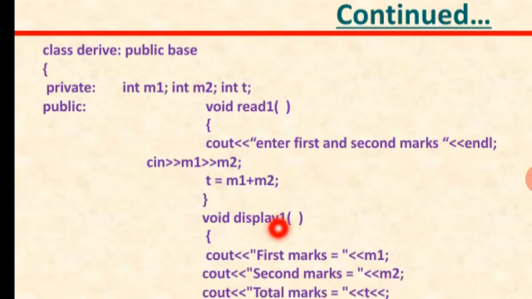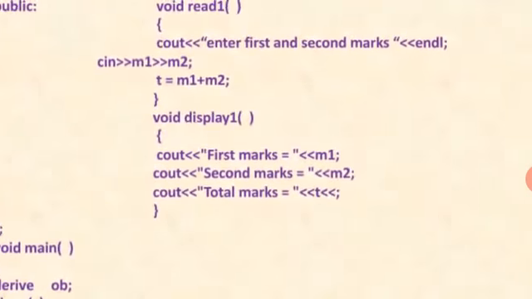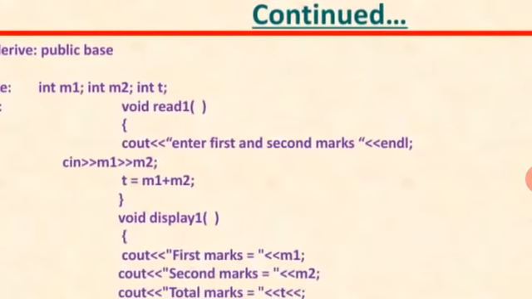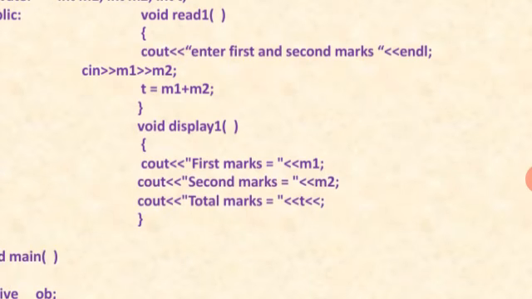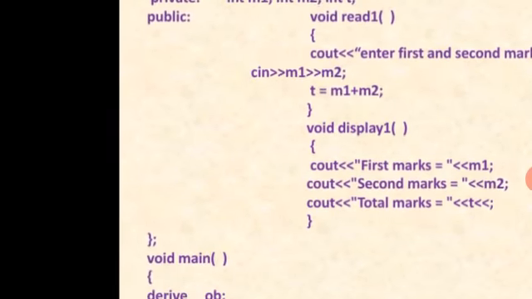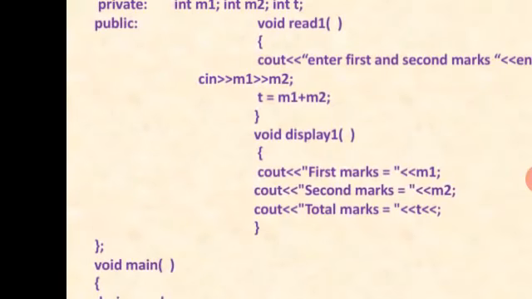Now comes the second function, display1. You can see display1 is again a function which belongs to the class derive. In the display1 function, we are displaying the first marks, that is m1, m2, and the total marks also. And you can see we are closing the class.